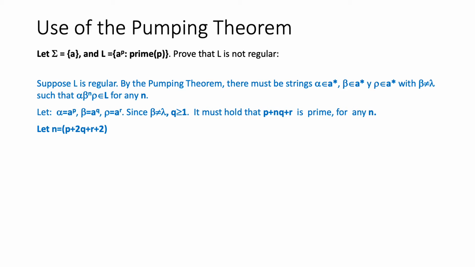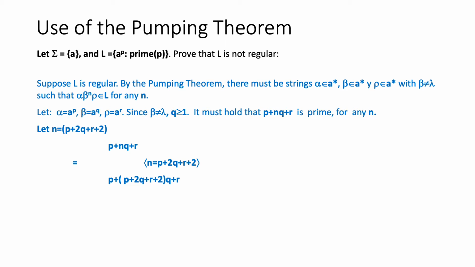Let's say that n is equal to p plus 2q plus r plus 2. Clearly, n is greater than or equal to 0 because all of those values are greater than or equal to 0. In fact, q is greater than or equal to 1, so in fact, this number is greater than or equal to 4. Okay, let's start with p plus nq plus r.